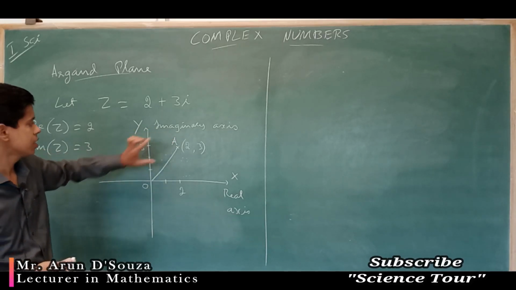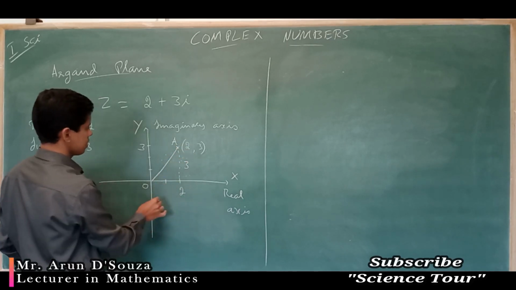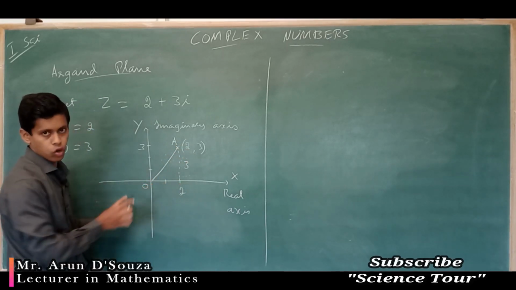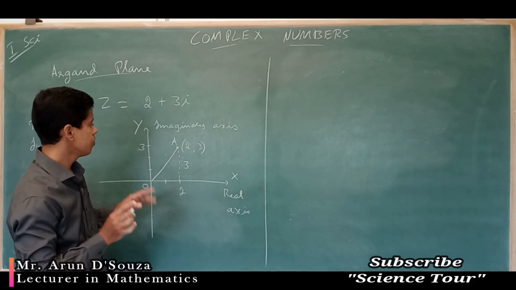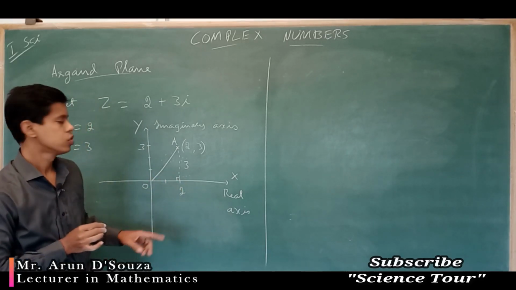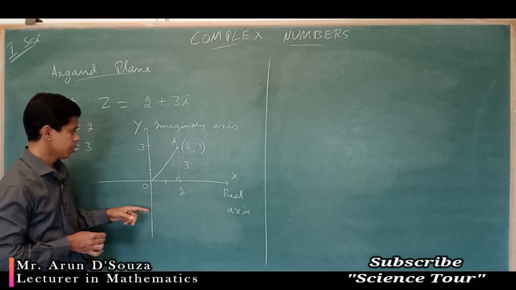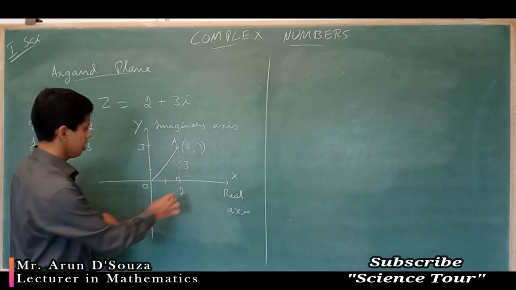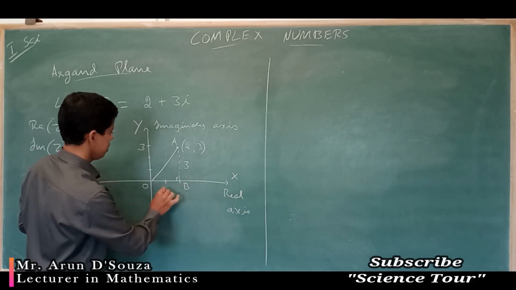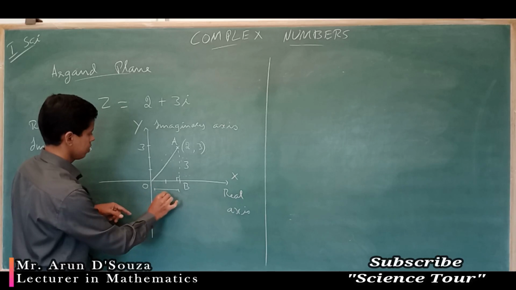So how do you find this length OA? See, this height is 3, is it not? And this length is 2, obviously. Right. Now if you use the Pythagoras formula, see this is the perpendicular that I have drawn. So if you use the Pythagoras formula, let me name it OA and this let me name it as B. So this length is 2.